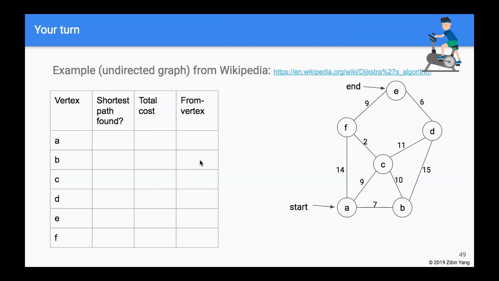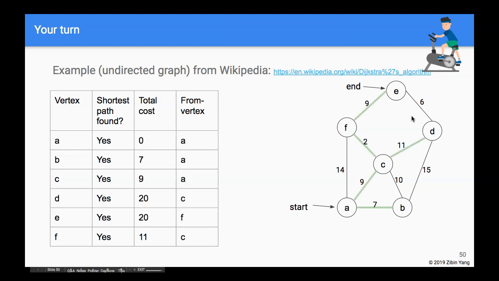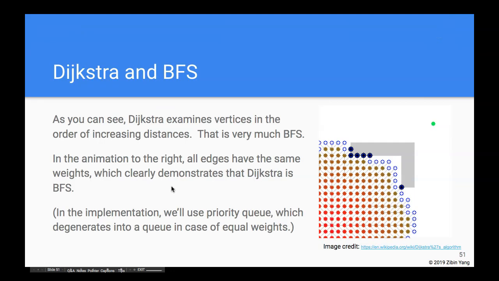And then here is one more exercise for you. This is a different example that I found on Wikipedia. So please do go through the same exercise, and then you can verify your answer with the one on Wikipedia, which I think should look something like this.